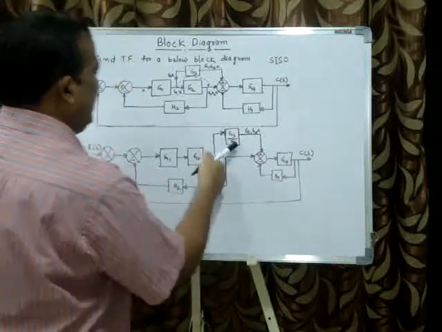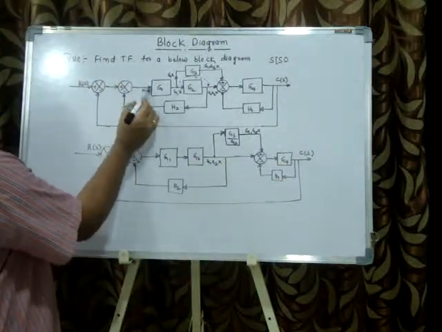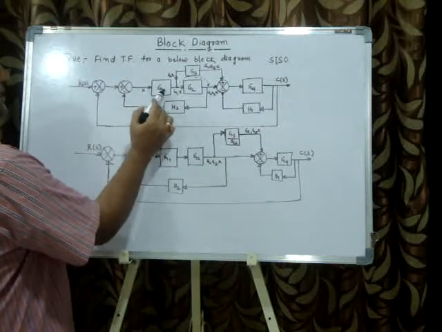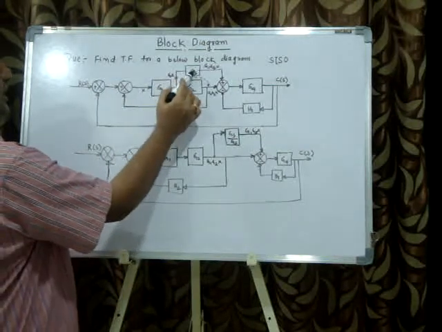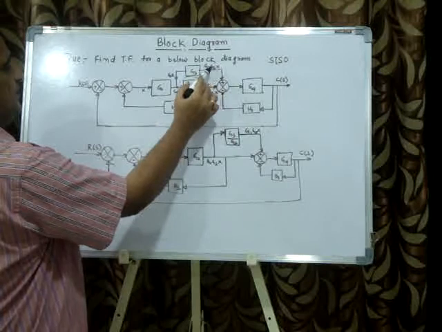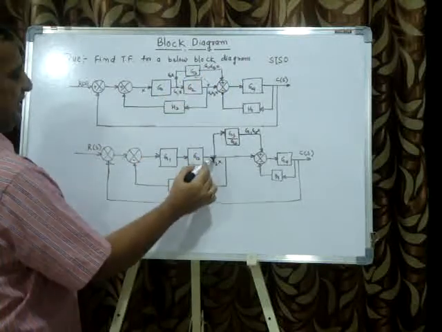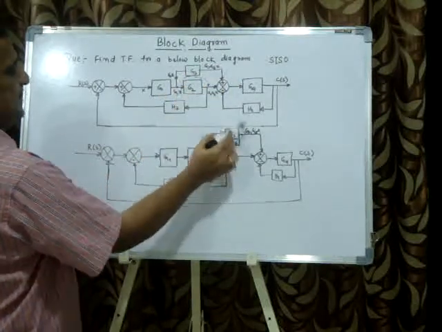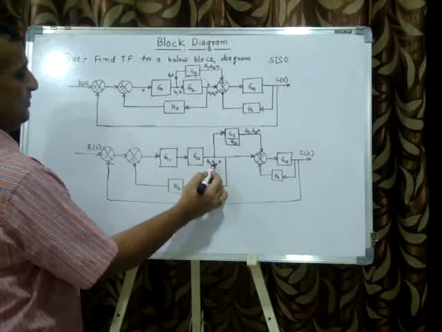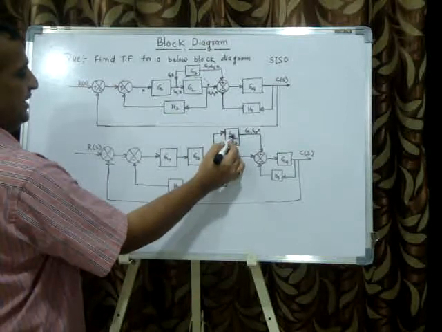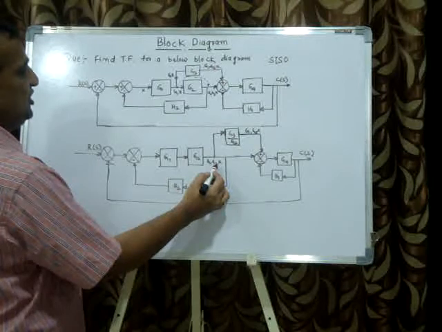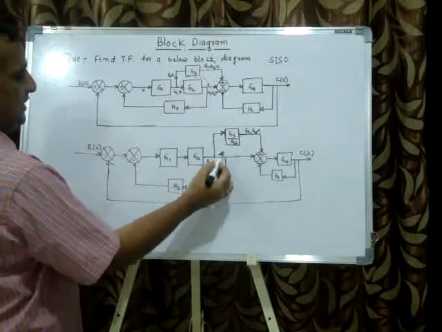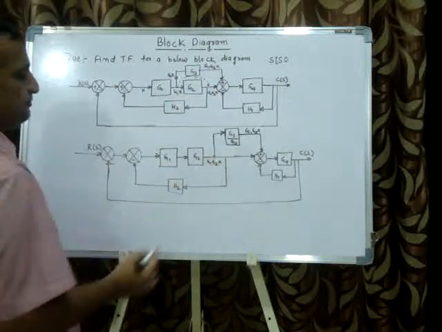I hope you understood here. Here I took X, G1X is going, and from G3, G1X, G1G3X. Suppose if I shift here, the output should remain the same, but I am getting output G1G2X into G3. Unnecessarily I am getting G2, here no G2, so I will divide by G2.